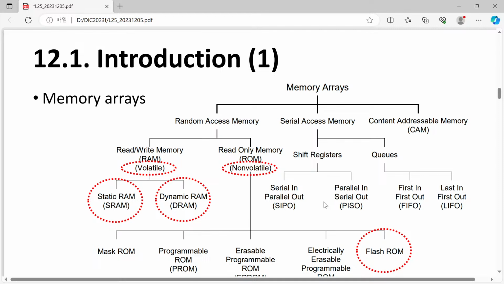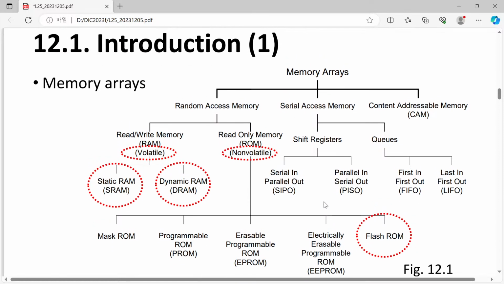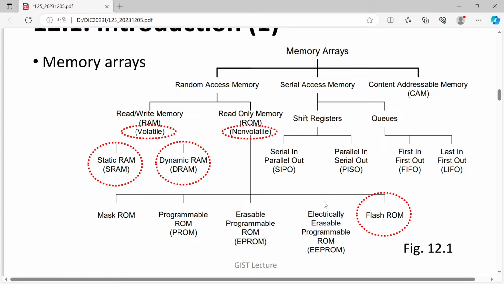This one shows the categories of memory arrays, but I think that nowadays we have to concentrate more on random access memory. Here you can find two important categories of memories: one is volatile and one is non-volatile.